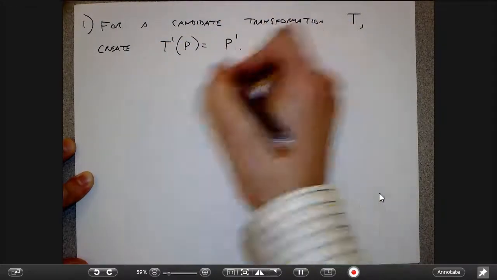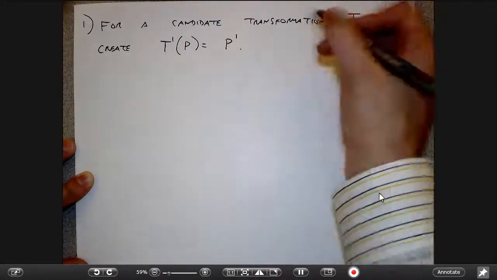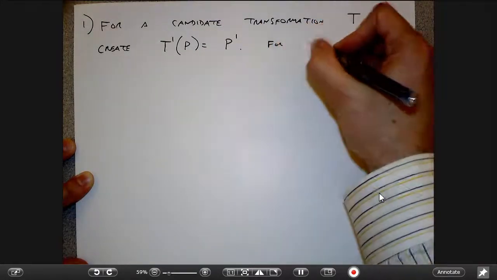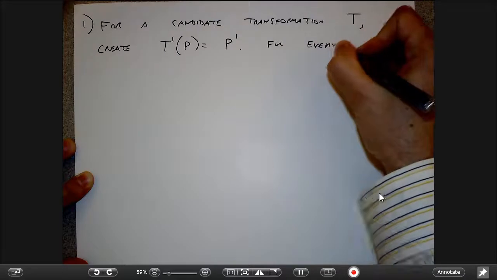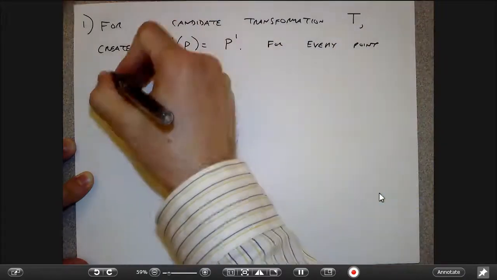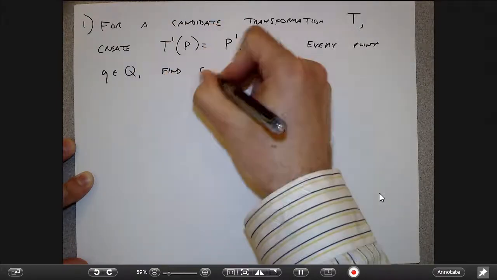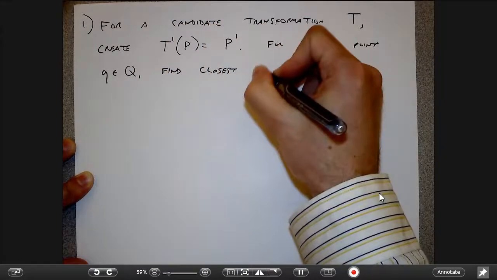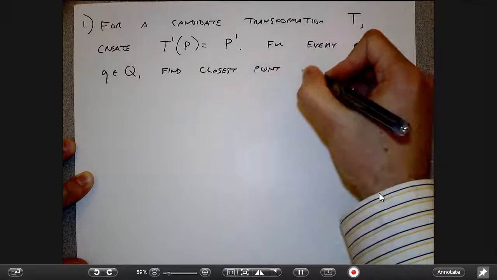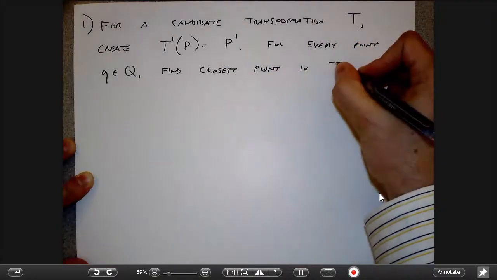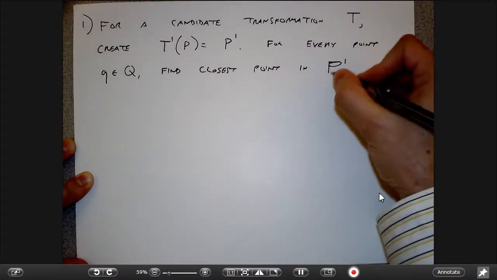This is one scan, and for every point Q in the other scan, find the closest point in P prime.